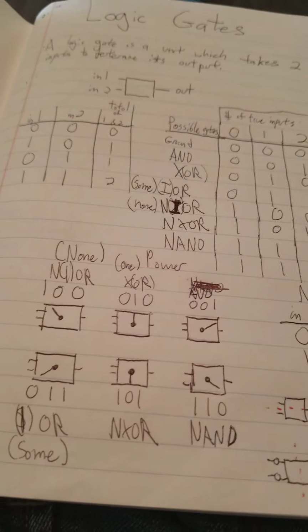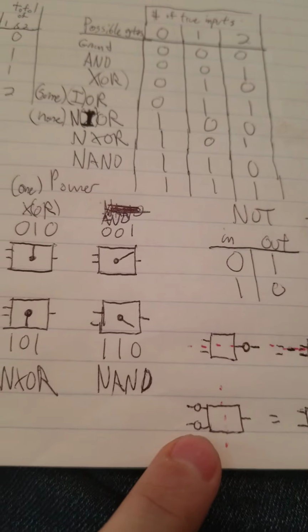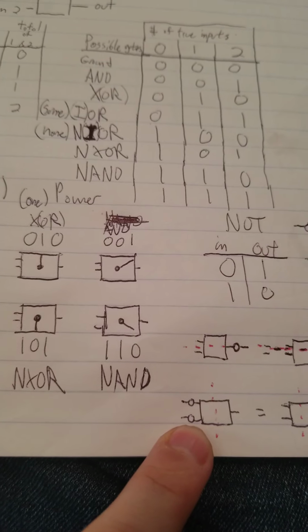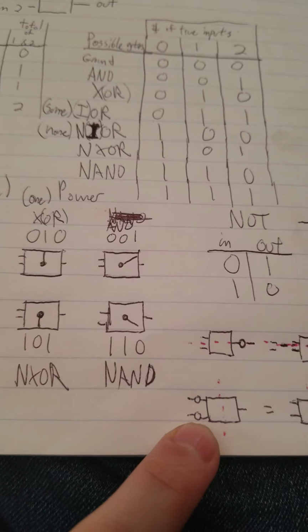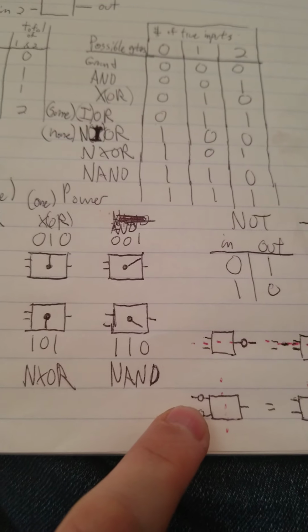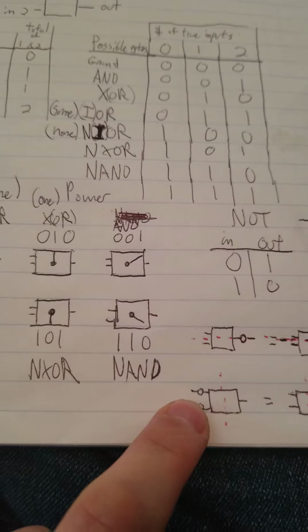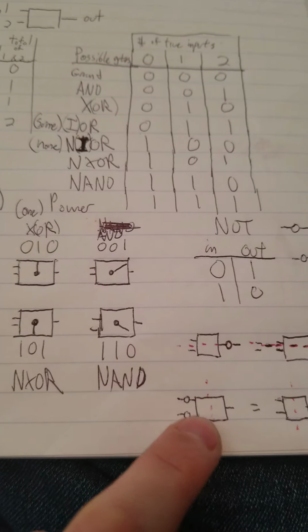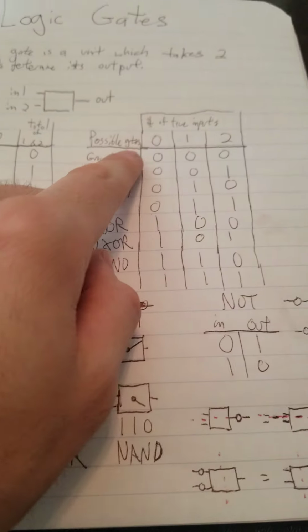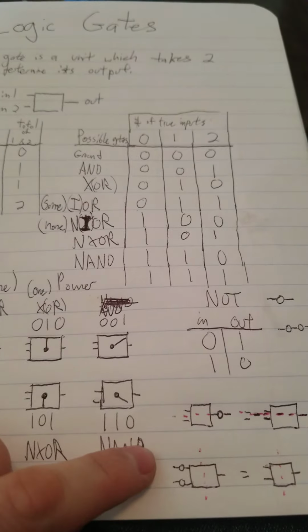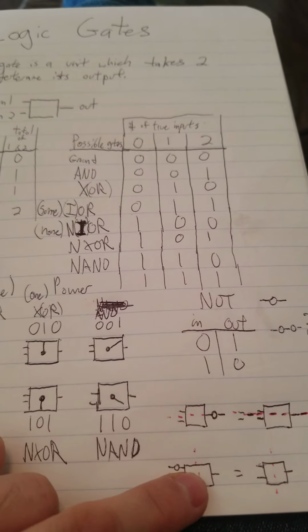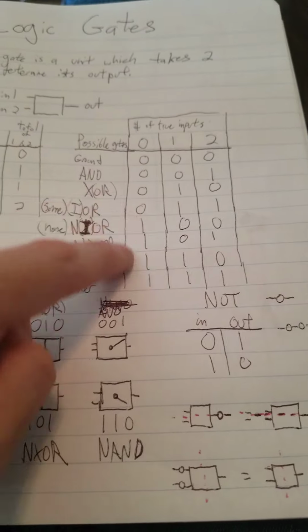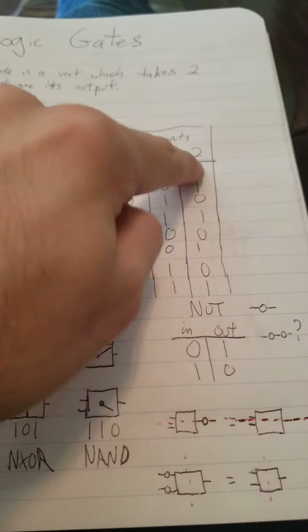And similarly, if we have NOT gates on the two inputs at the beginning, what does that do? Let's go example by example. If we put two zeros in here, the first 0 would become a 1, and the second 0 would become a 1 as well. So we went from having 0 true inputs to 2 true inputs, from using this column to using this column.